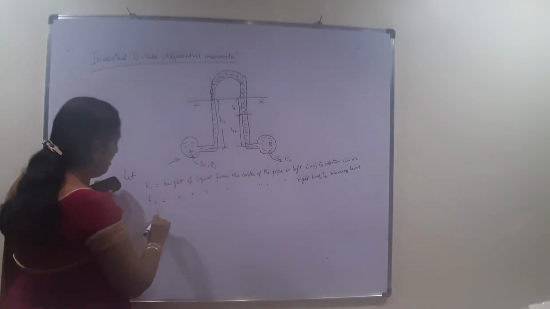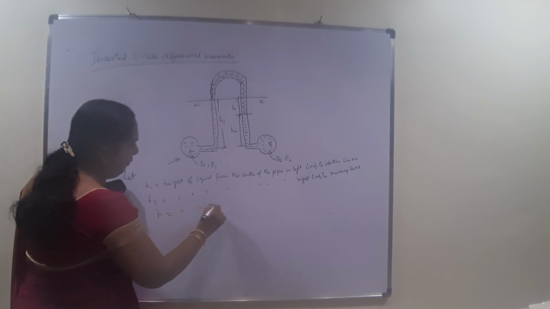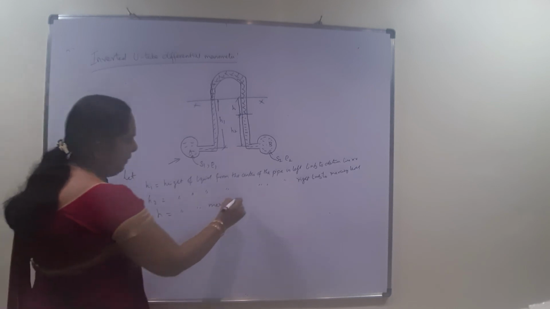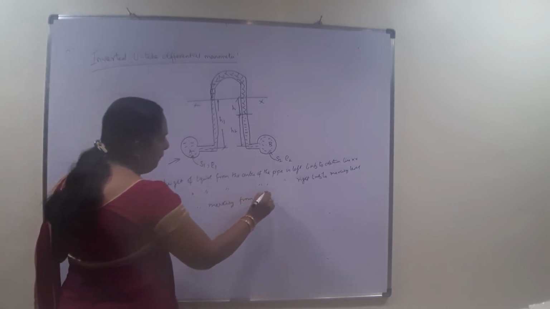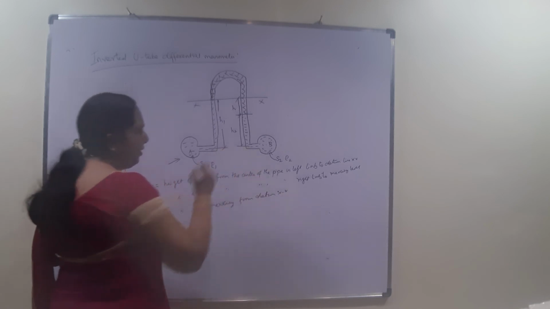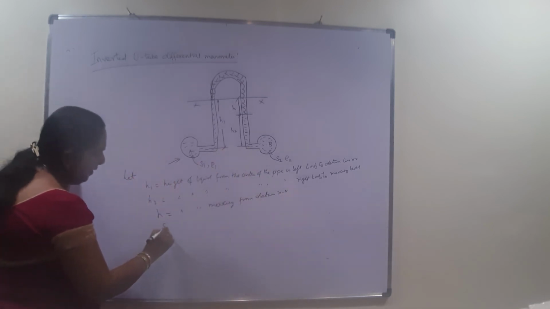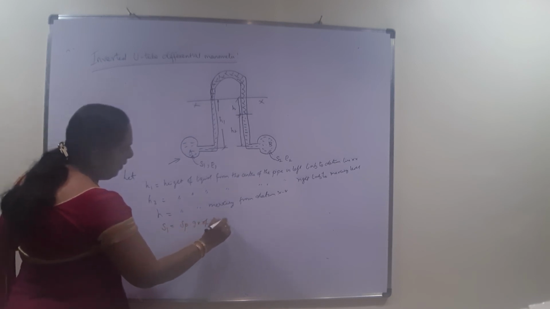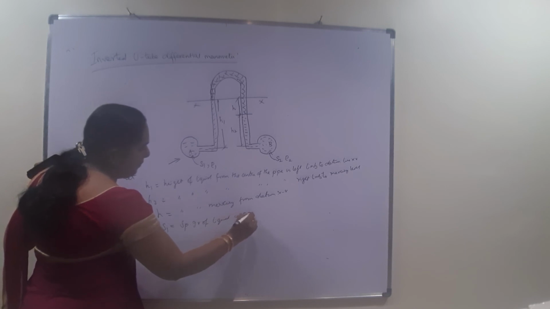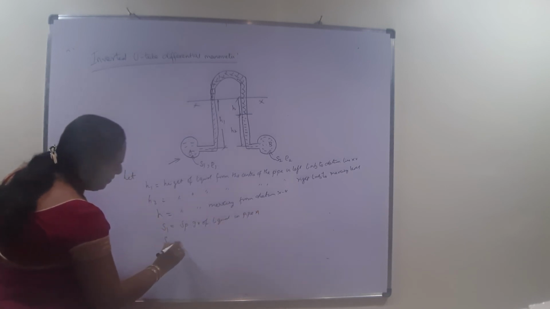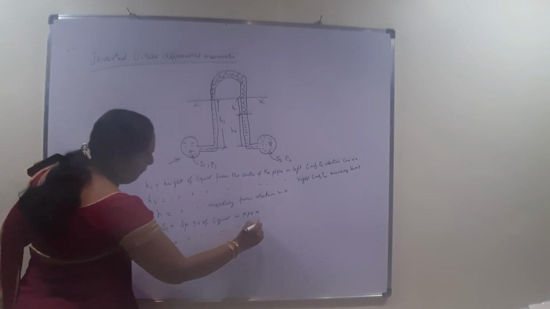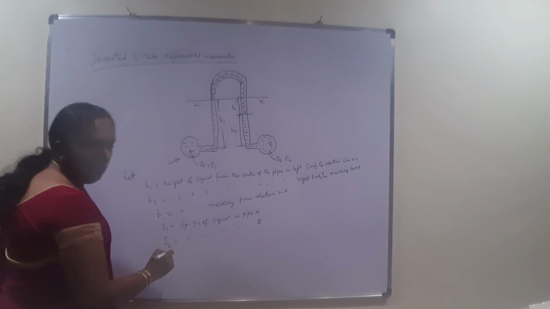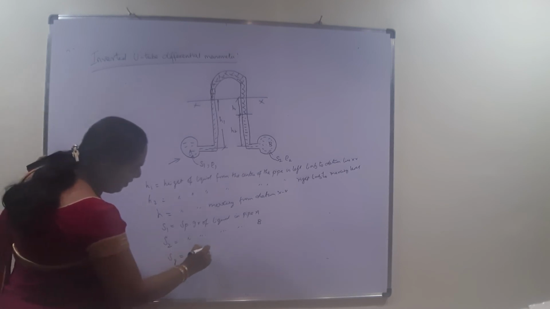And what is H? H is the height of mercury from the datum XX. S1 is the specific gravity of liquid in pipe A. Similarly, S2 is the specific gravity of liquid in pipe B. And SG is the specific gravity of mercury.